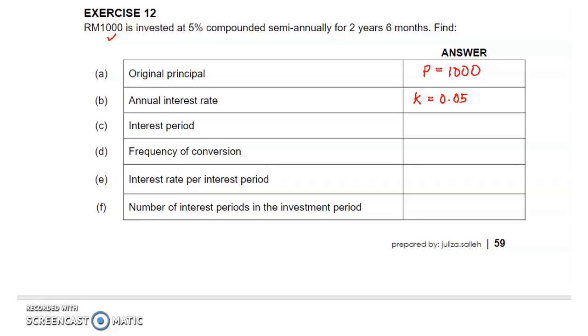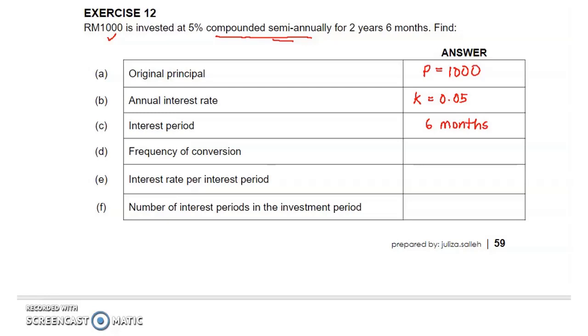Then interest period. For the interest period, you need to look at the frequency of conversion. Compounded semi-annually means the interest period is 6 months. How long do we wait in order to calculate interest? If semi-annually, we wait 6 months, then we calculate interest.